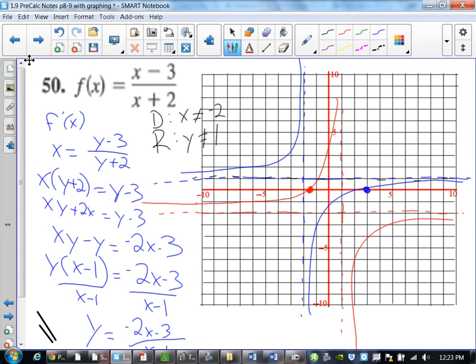Range restricted by the horizontal asymptote. Because you can't get to it. It's going to stop when you approach it. Okay.